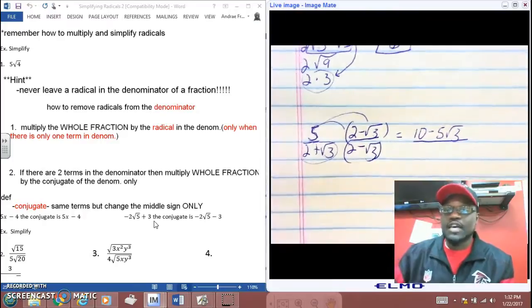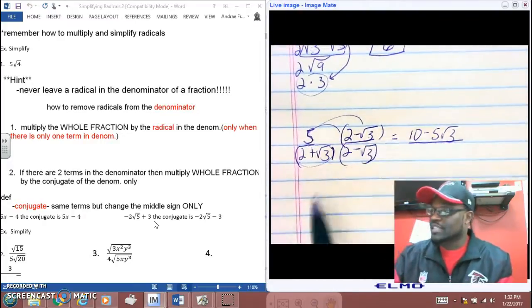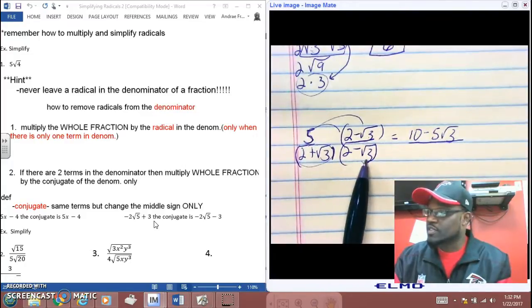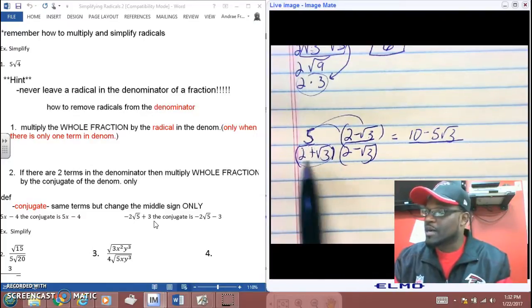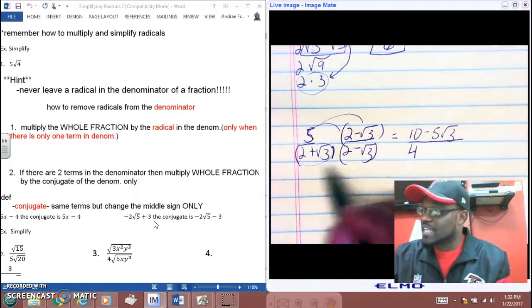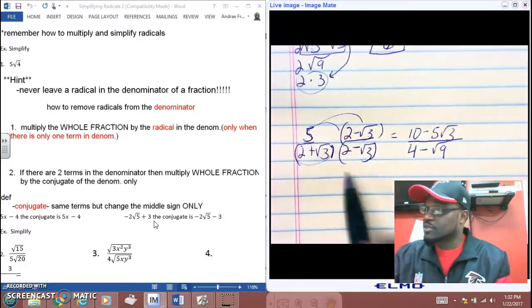Now, here's the part you've got to realize: this is a FOIL, but I'm going to show you the shortcut. Every time you have the same numbers inside your parentheses, signs included, except the middle sign is different, you don't have to worry about the 2 middle terms. All you have to do is say the first 2 times each other and the last 2 times each other. 2 times 2 is 4.